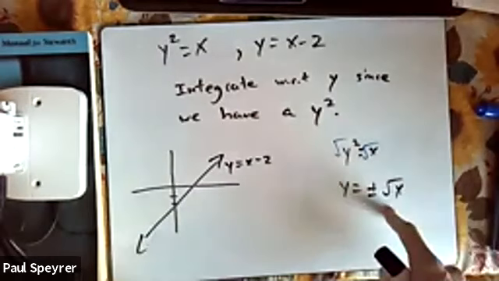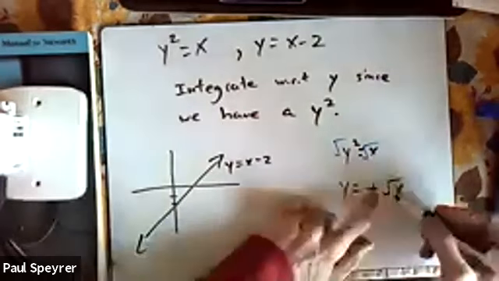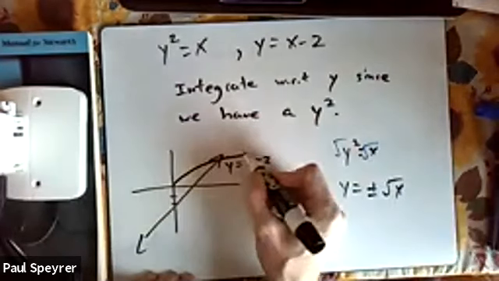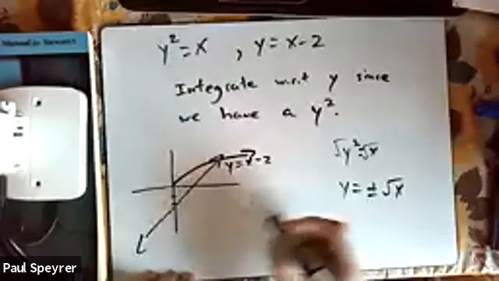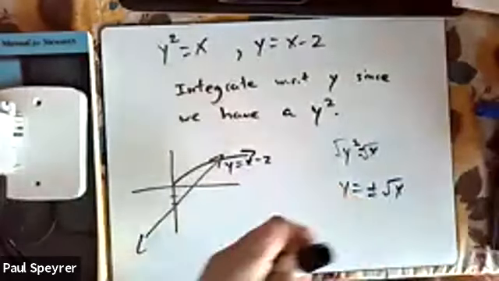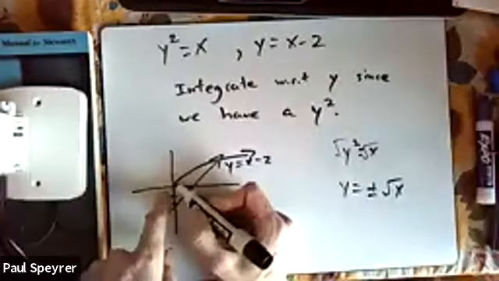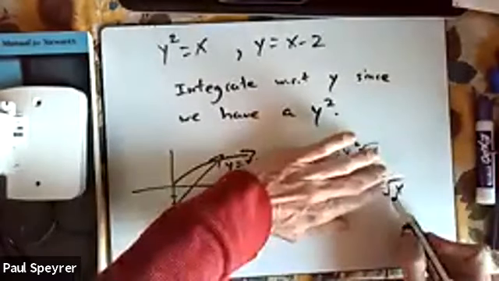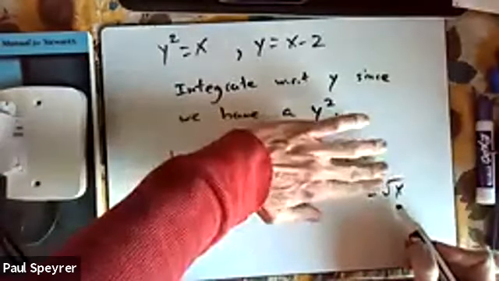But we know what this looks like. What does the square root of x look like? That's this. What does the negative square root of x look like? It's the same thing, but with a negative out front. That's a transformation.